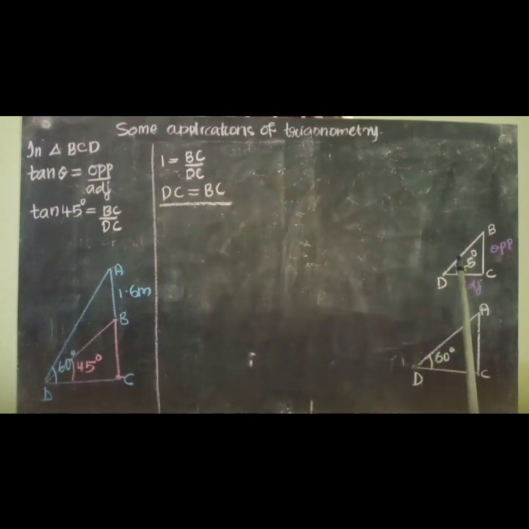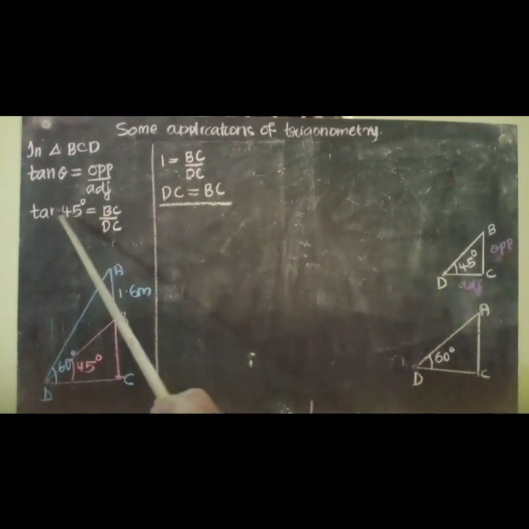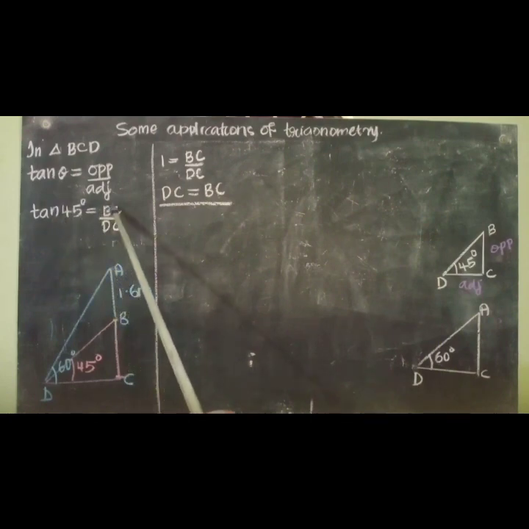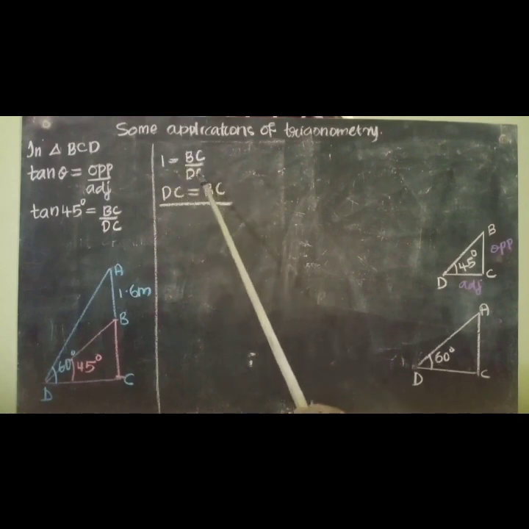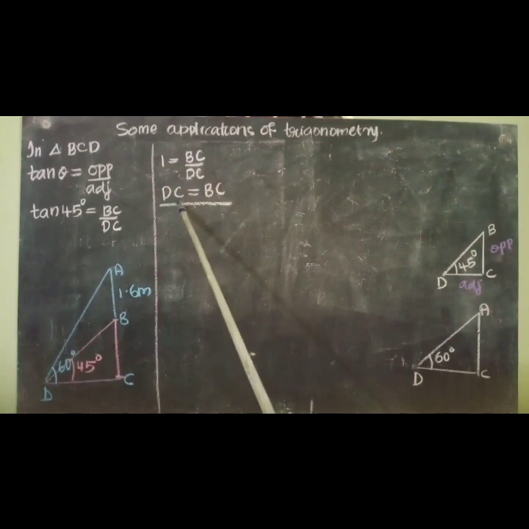Here theta equal to 45 degree. Opposite side is BC. Adjacent side is DC. So, we can write tan 45 degree equal to BC by DC. We know tan 45 equal to 1. So, we can write 1 equal to BC by DC. Cross multiplying, we get DC equal to BC.